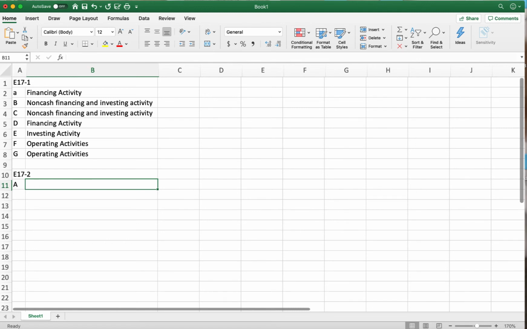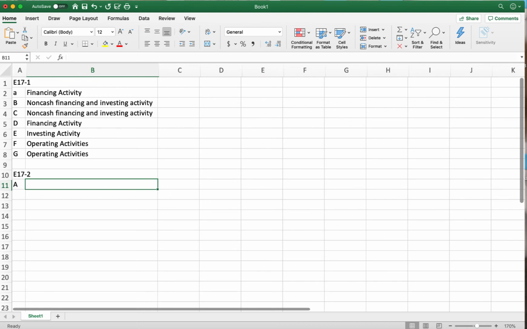Why? Because interest on a notes payable has nothing to do with financing activities. Whenever we take out the long-term note, assuming it's a long-term note, in that case, yes, it would be financing. Here, we're just paying the interest.